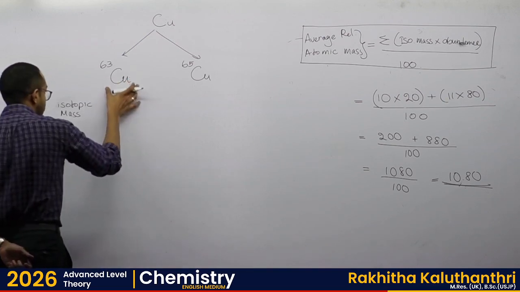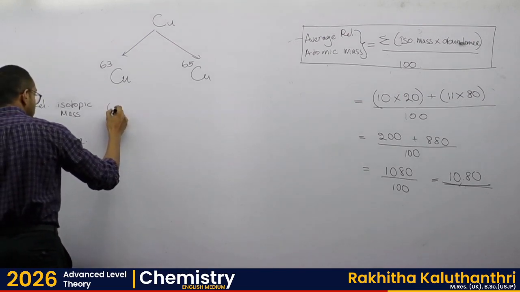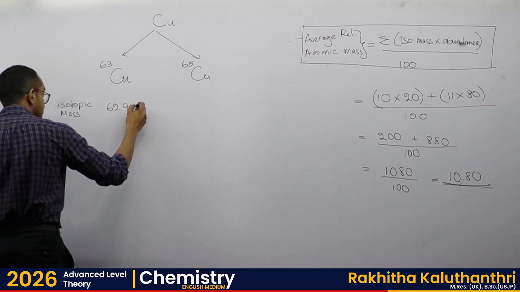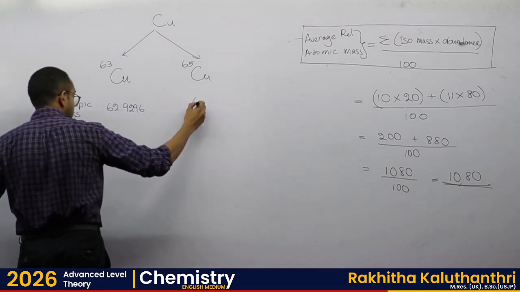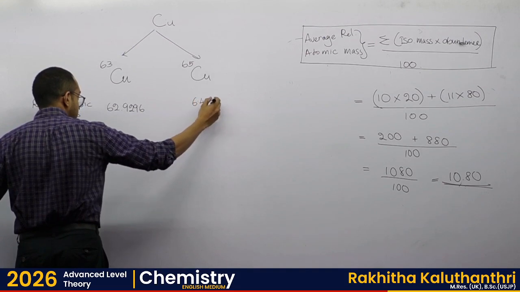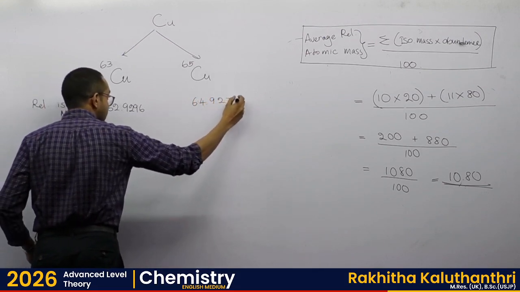So the isotopic mass of copper 63 is somewhere around 62.9296, and the next one is 64.9278.